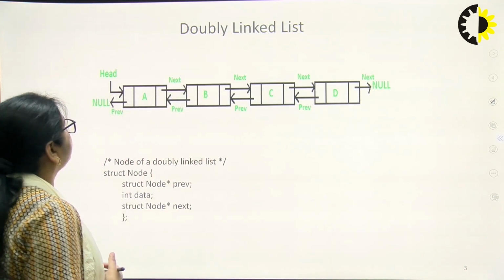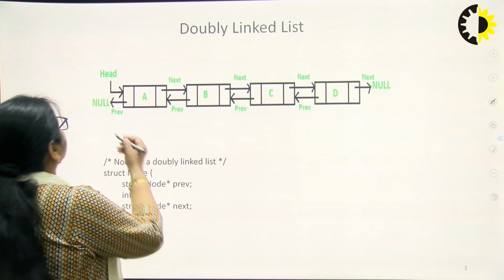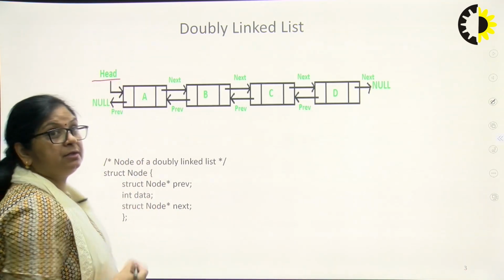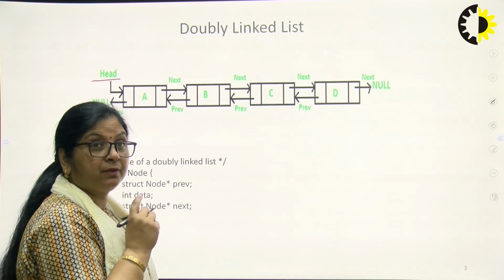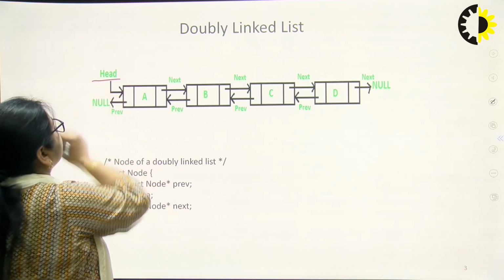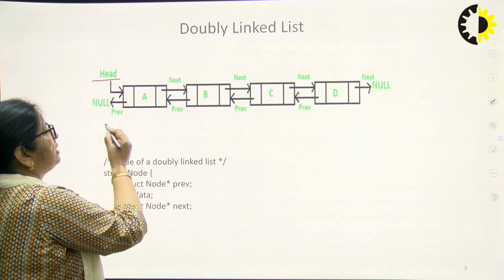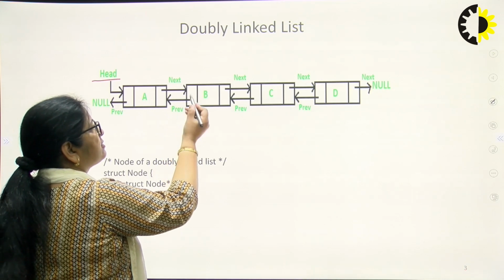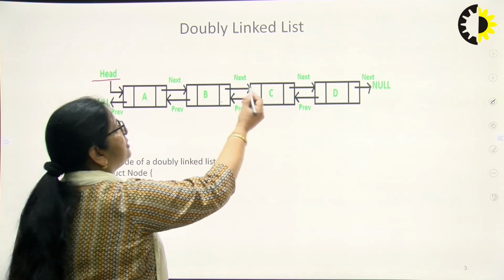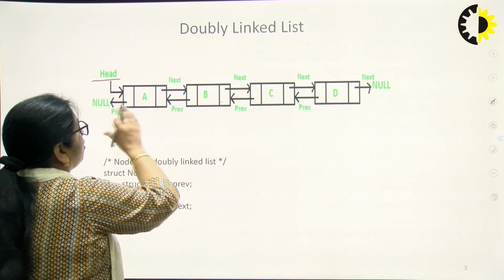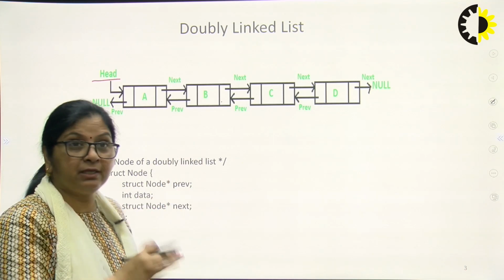For example, the address of my linked list's first node is stored in head. Here the information is A, and it has a pointer to the next node, which has a pointer to the next node, and so on. All the nodes are linked to each other.